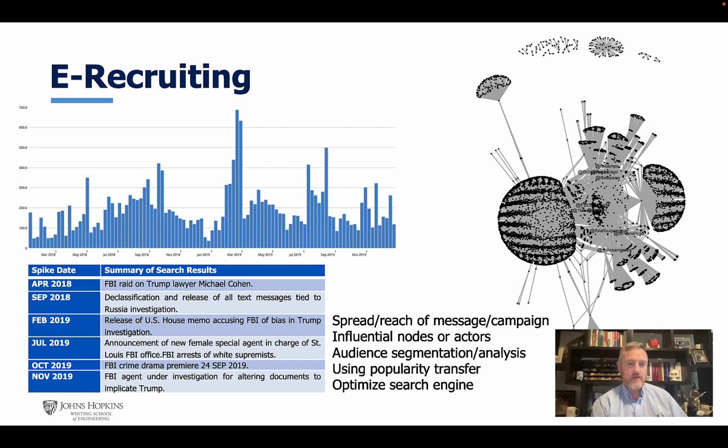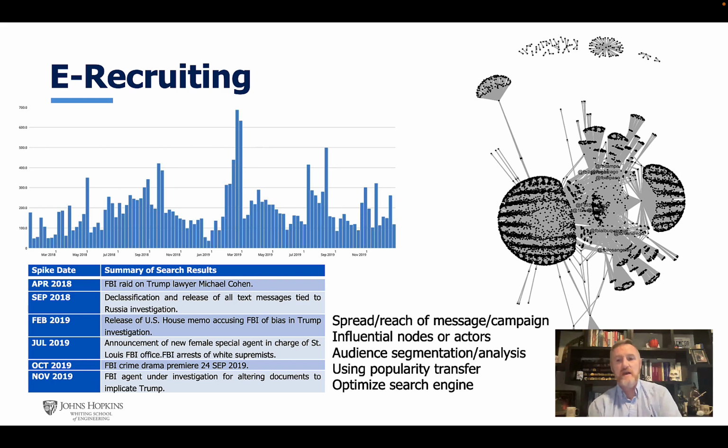Whenever there's content in the news where it's co-referencing FBI with a popular figure such as Donald Trump, then because of the way the platform works, it amplifies any of the co-mentioned content. So by mentioning FBI with Donald Trump in the news media, it increases the visibility of the FBI recruiting campaigns in people's feeds, which then generates more traffic, right?